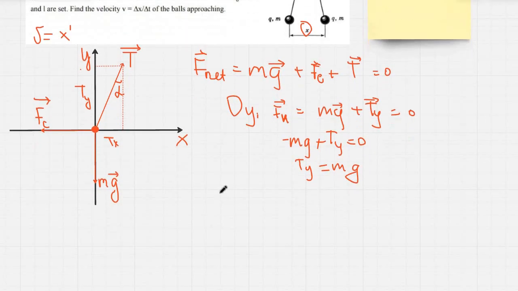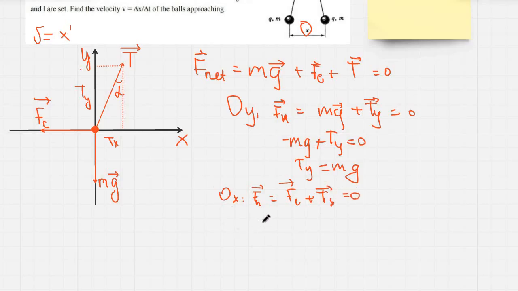Now let's write the net force acting on the x-axis. In our x-axis act the electrical force and the tension force. The projection of the tension force is Tx. So the formula for x equals 0.